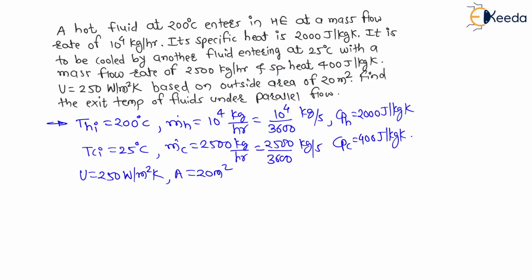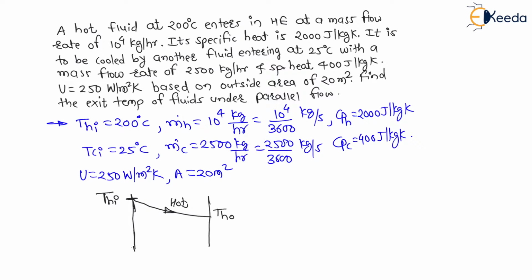Now my dear students, here it is a parallel flow heat exchanger. Therefore the direction of flow for the hot as well as cold will be same. Let us say the hot is flowing from left to right. That is inlet temperature of hot is Thi, and during the flow from left to right the temperature of hot will decrease, right, and it will become Tho.